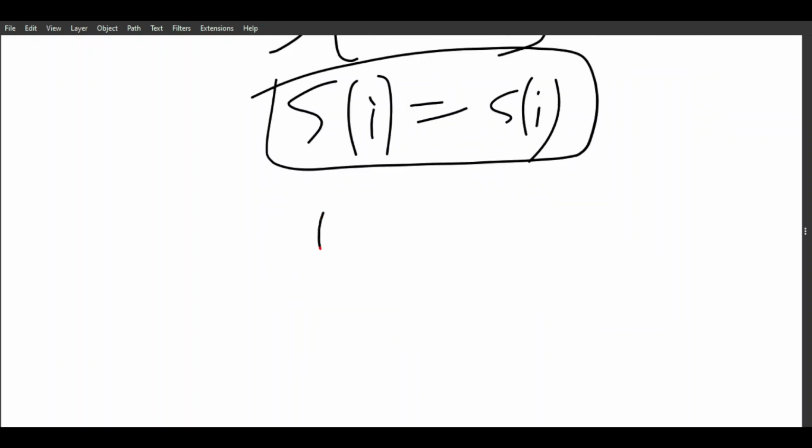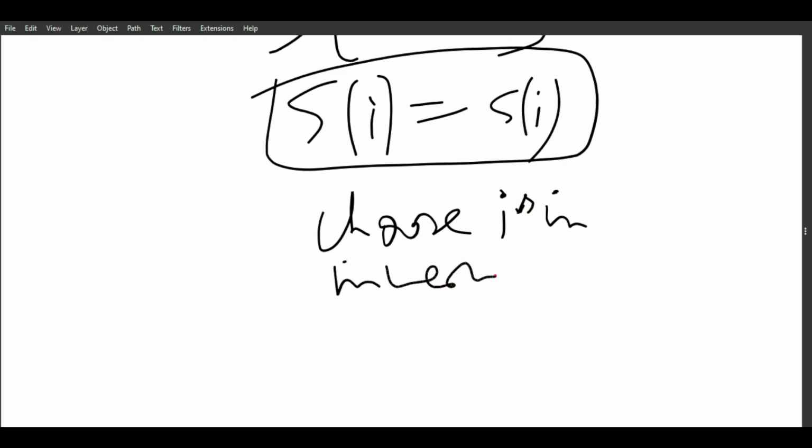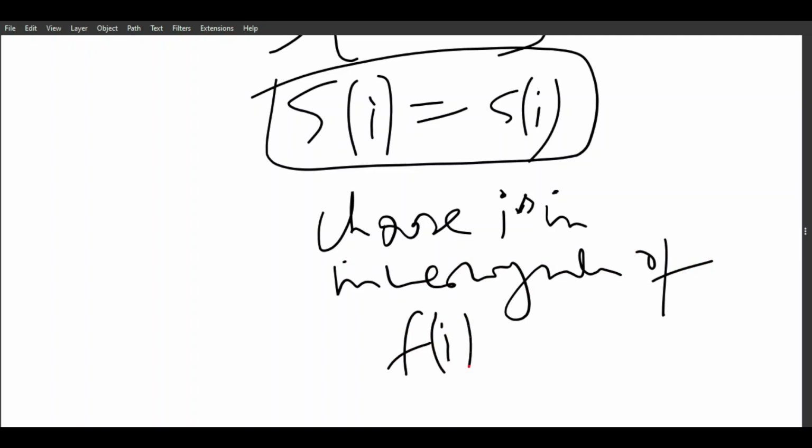So choose i's in increasing order of fi values. So once we choose, then simply scan the si array and remove all conflicts.